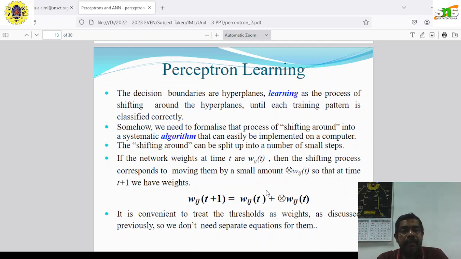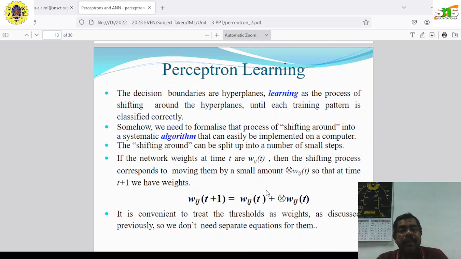The decision boundaries, or hyperplanes, and learning is the process of shifting around that hyperplane. We already studied the hyperplane in support vector machines. The hyperplane gives the exact classification of the positive boundary and the negative boundary.